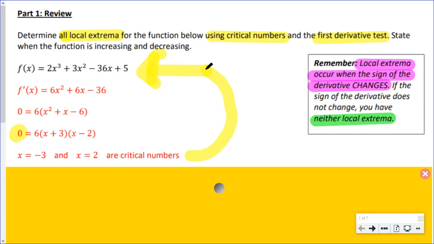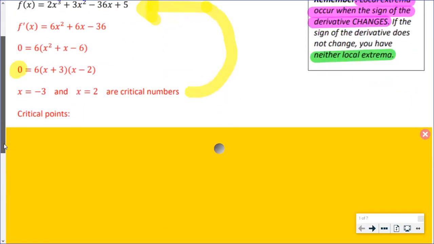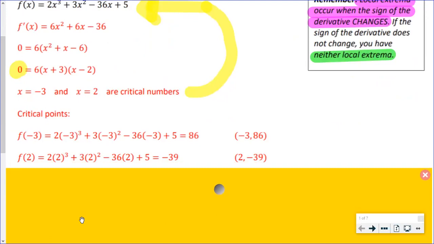So that's why it's important to remember that we're plugging it into the original function. These critical numbers now become critical points only when I plug them into the original function. So I would find f of -3, not f prime of -3, f of -3 and f of 2. Very important step.